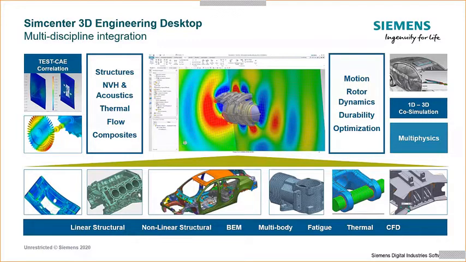It's run in a modern CAE environment with best-in-class geometry editing and associative simulation modeling. It benefits from state-of-the-art fast and accurate solvers for FEM, BEM, multibody dynamics, fatigue, to name a few.